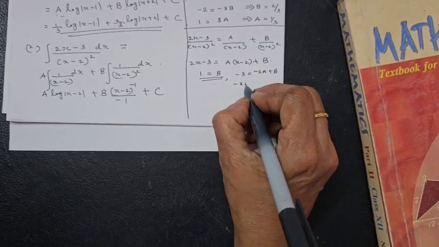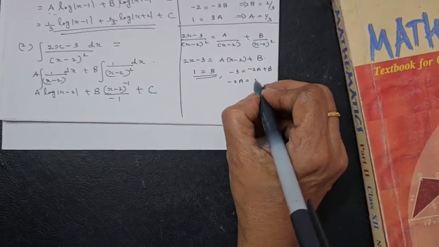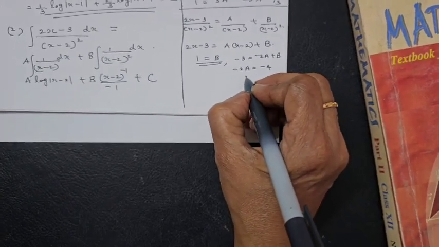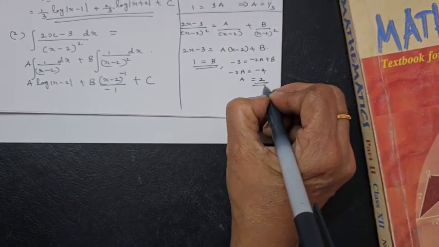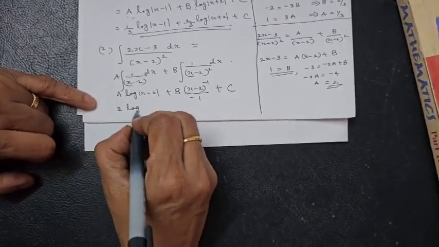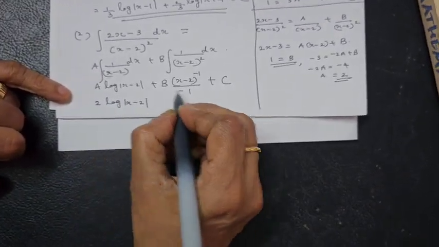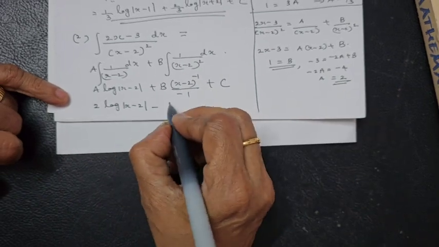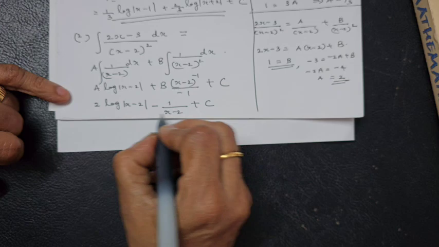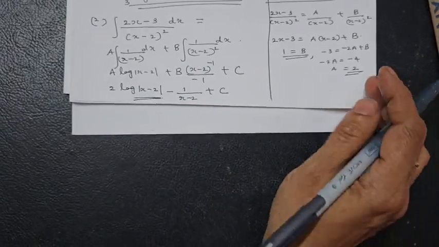So minus 2a is equal to minus 3 minus 1, minus 4. So a is equal to 2. So coming back, it is 2 log mod x minus 2 minus 1 by x minus 2 plus c. That is the second one.